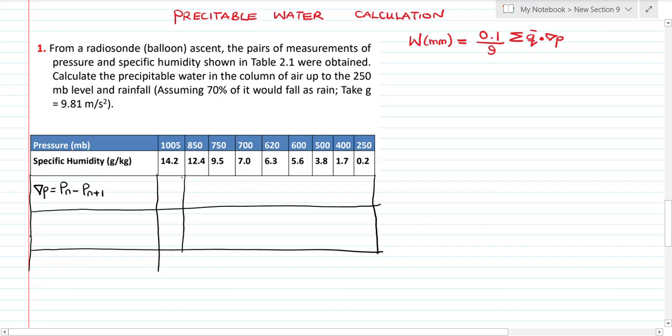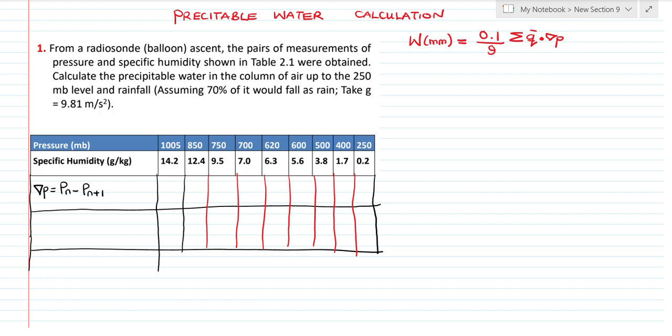Okay, so we are going to start. Always the first column we leave blank. We don't write anything there in the first column. So my first one is going to be this minus this: 1005 minus 850, and I'm going to write it here.